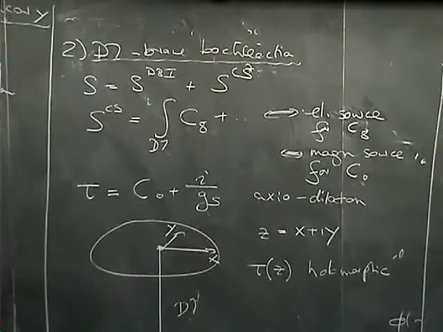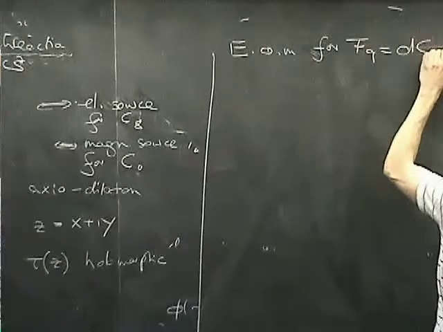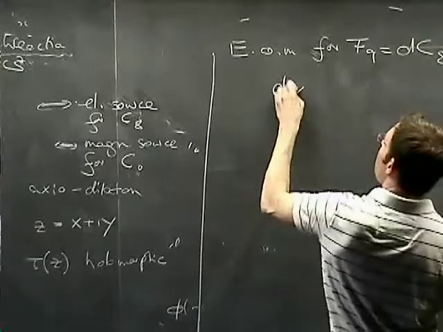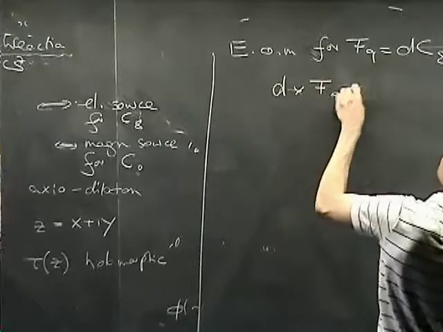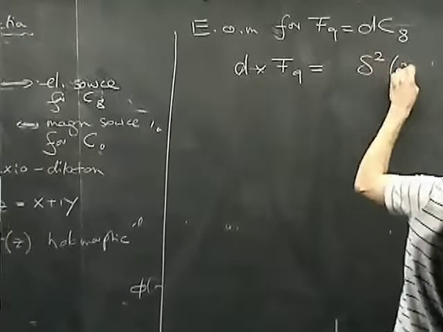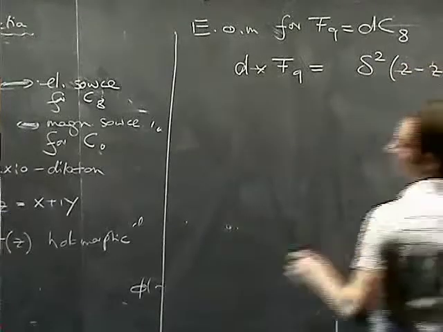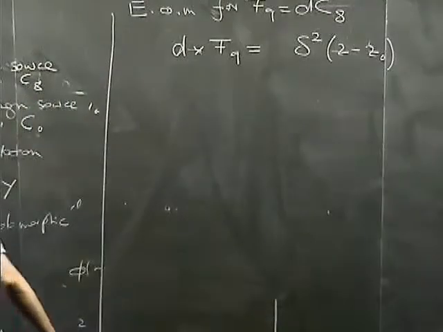So the equation of motion for F9 is d star F9 equals delta of Z minus Z0, if our 7-brane sits at Z0.